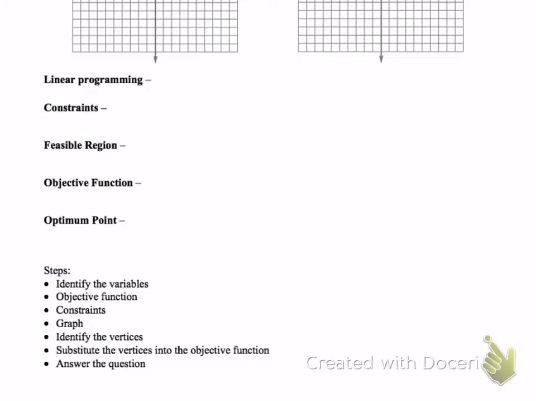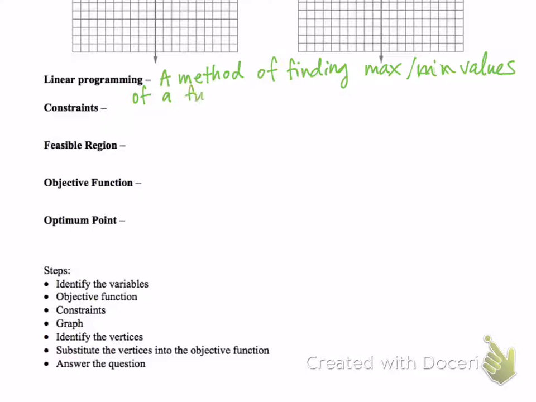All right, so we use linear programming problems. It's just a way of graphing inequalities, and they're in the form of word problems, normally to find a max or min value. So linear programming is a method of finding max or min values of a function.